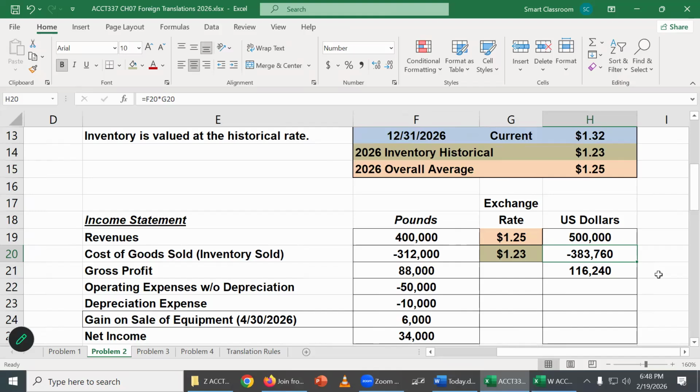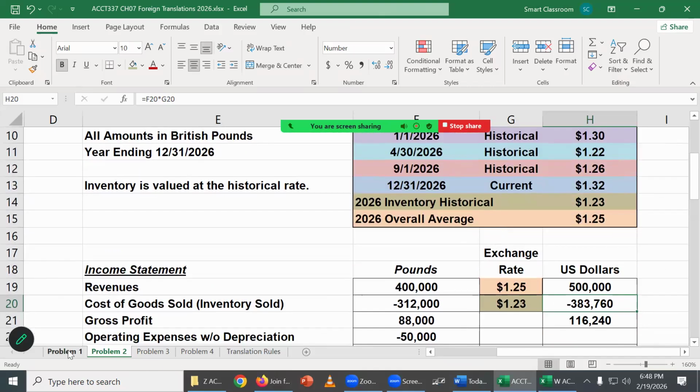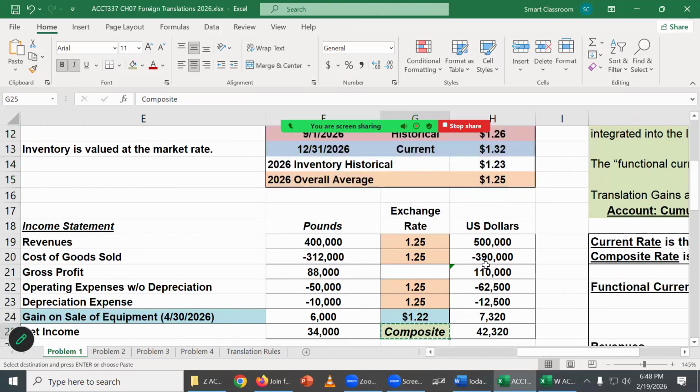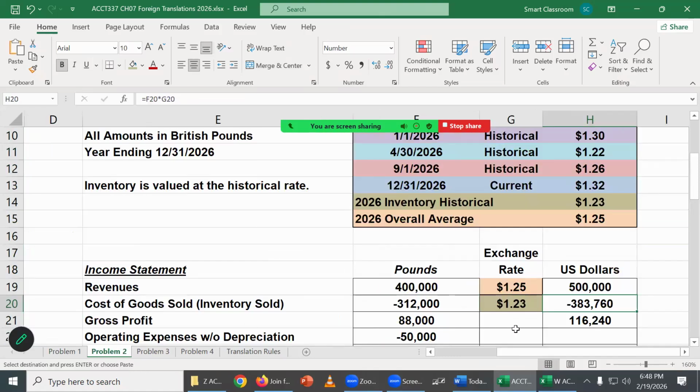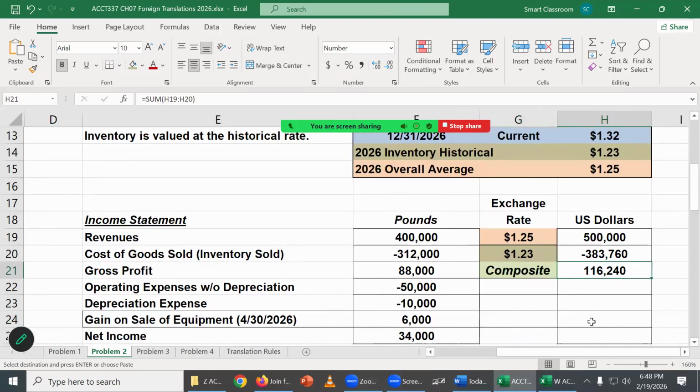Our gross profit will be 116,240, and that would be a composite. And you'll see that's different than what we have here. Obviously, it's because we're using a historical rate instead, but it's still a composite. There's two different rates going there. So the gross profit at this point will be a composite.